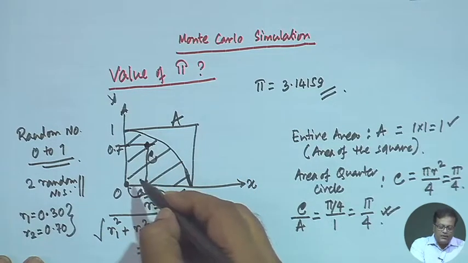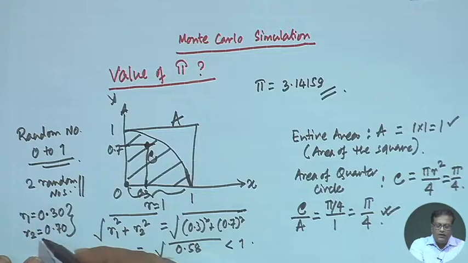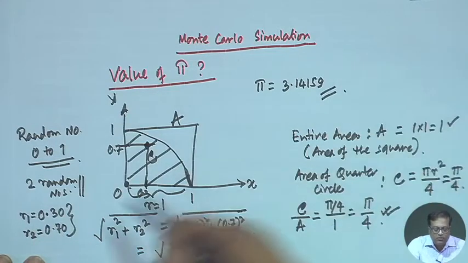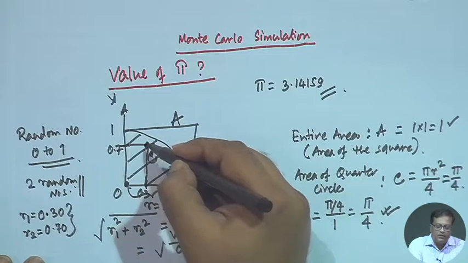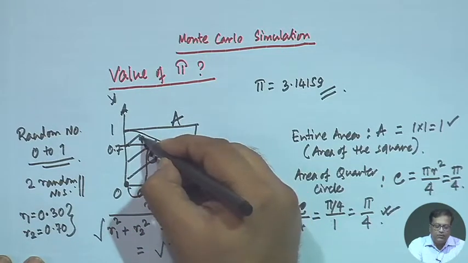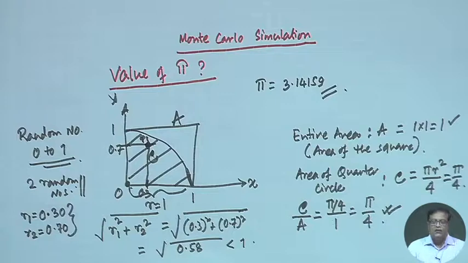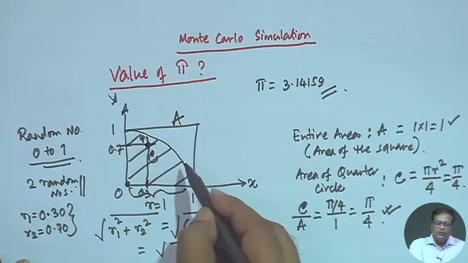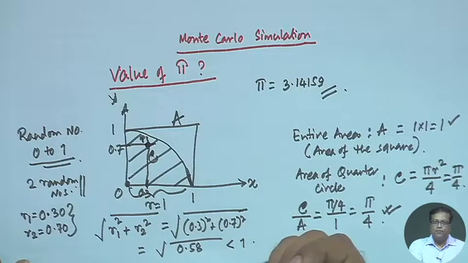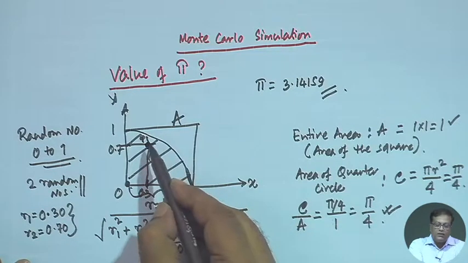So, the two random numbers are represented by this point P1, and this particular point P1 is within the quarter circle C. So, that is one point.